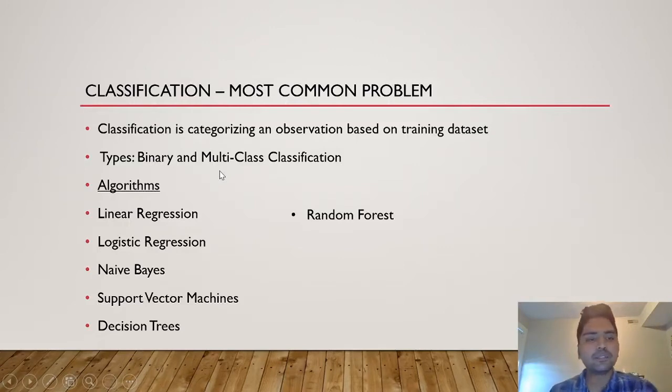And then algorithms. These are the main algorithms used for classification problems. The first one is linear regression, and then logistic regression, naive Bayes, support vector machines, decision trees, and random forest. All these algorithms do very well in classification, and we can't say which one is best.